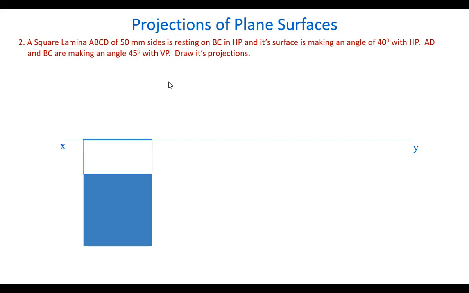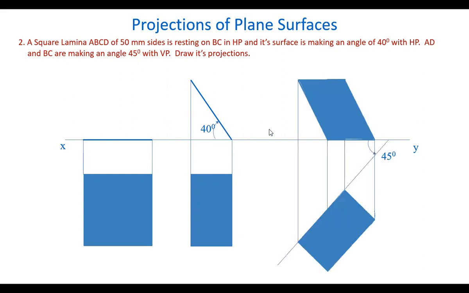So let's take the reference line, and the surface is making 40 degrees with HP. So here it is 40 degrees, and this edge BC is making 45 degrees with VP. So at 45 degrees we draw another line, and these are the final projections of the square plane.